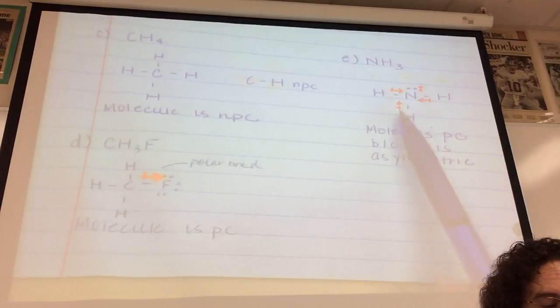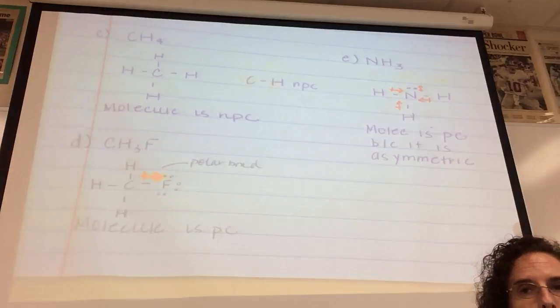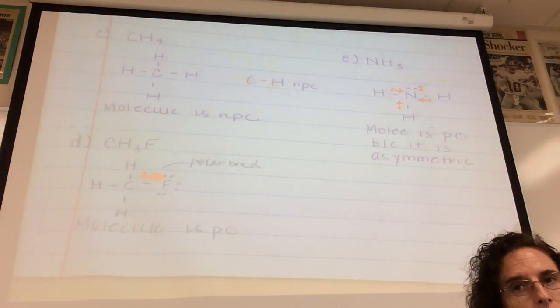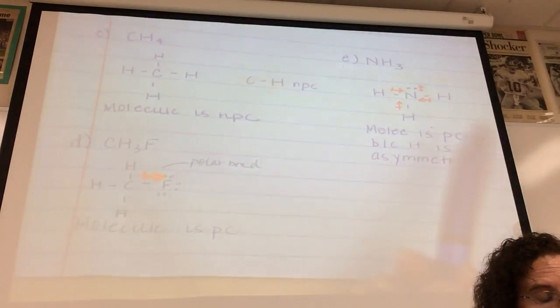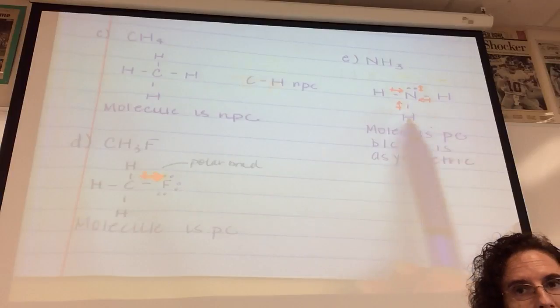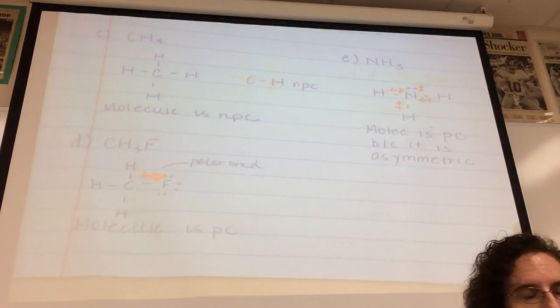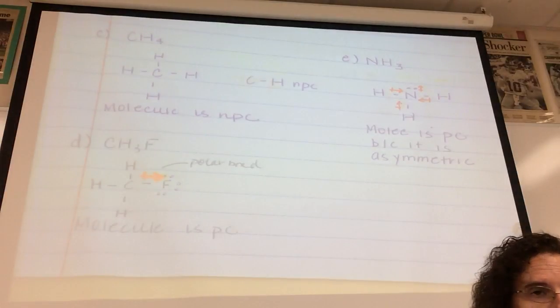And they said, no, P to H is all nonpolar. But I said, no, there's a slight dipole with the lone pair. And they're like, no, no, no. But if you look at that packet I gave you, it showed that a single lone pair will result in an asymmetric molecule, so it's polar. So I'm going to stick with it. I got this really long explanation from this guy at FAU, but I can share it with you, but it's so complicated.